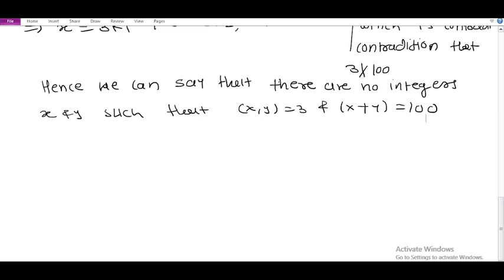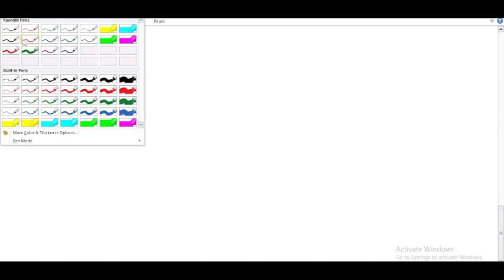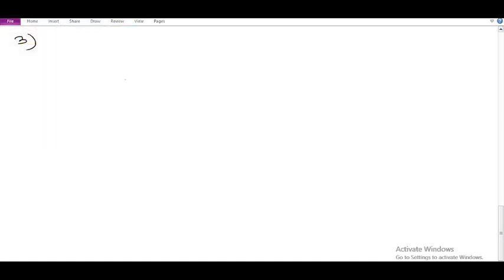Now next example, number 3. Find all primes that divide 50 factorial.